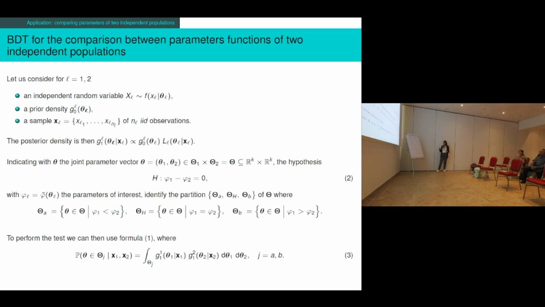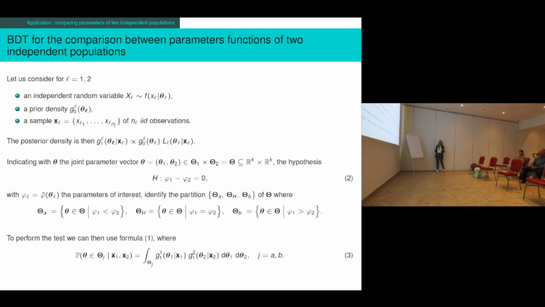So we consider two random variables, two prior densities g0l, and then we have two samples of IID observations. Then we get to two posterior densities g1l, and we indicate with theta the joint parameter vector of the two distributions.